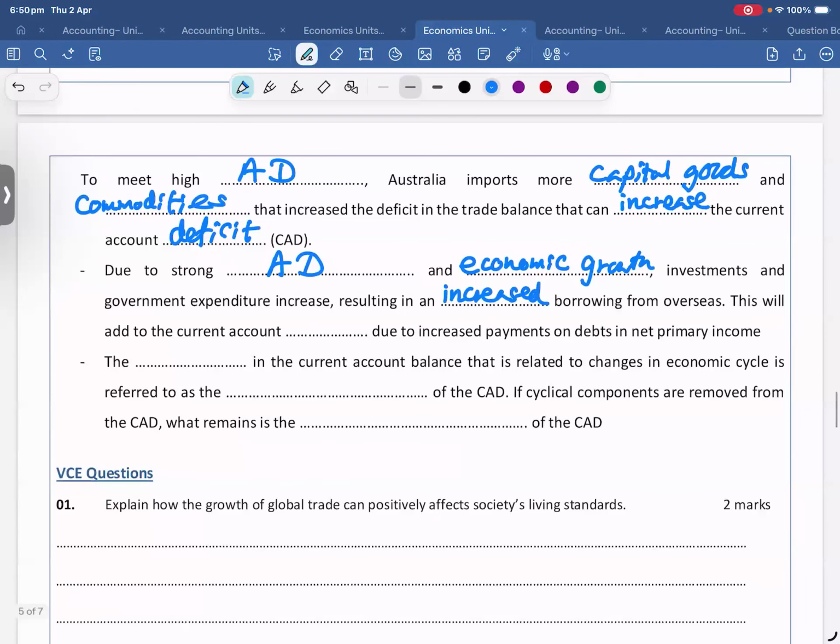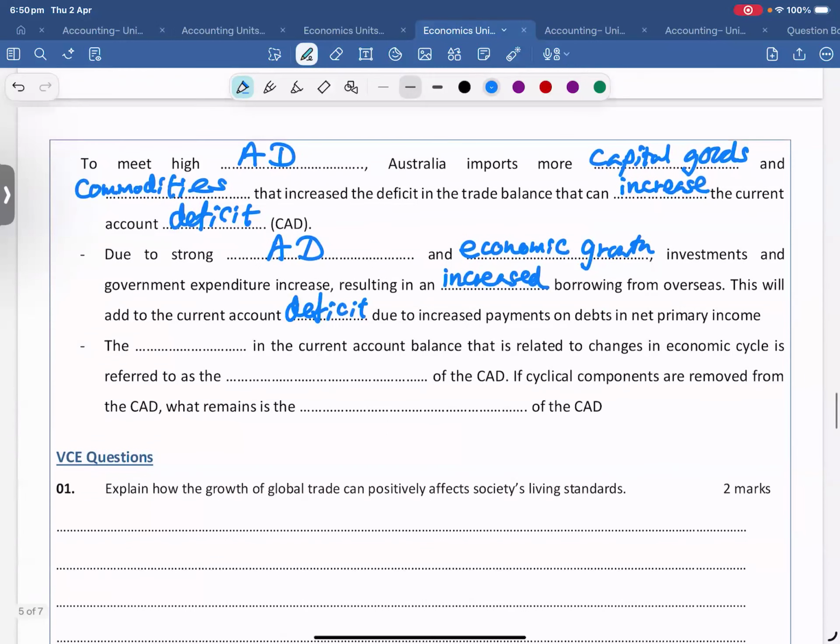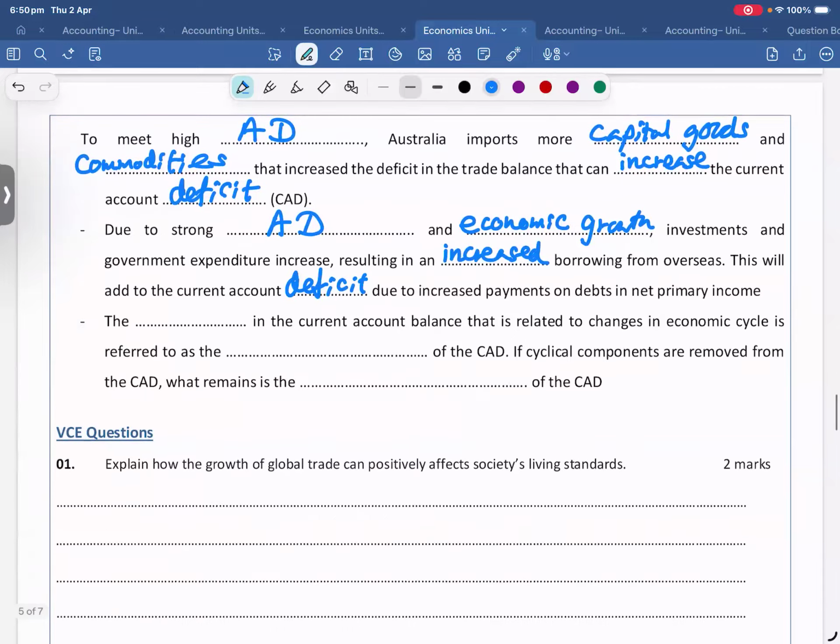This will add to the current account deficit due to increased payments on debts in primary income.